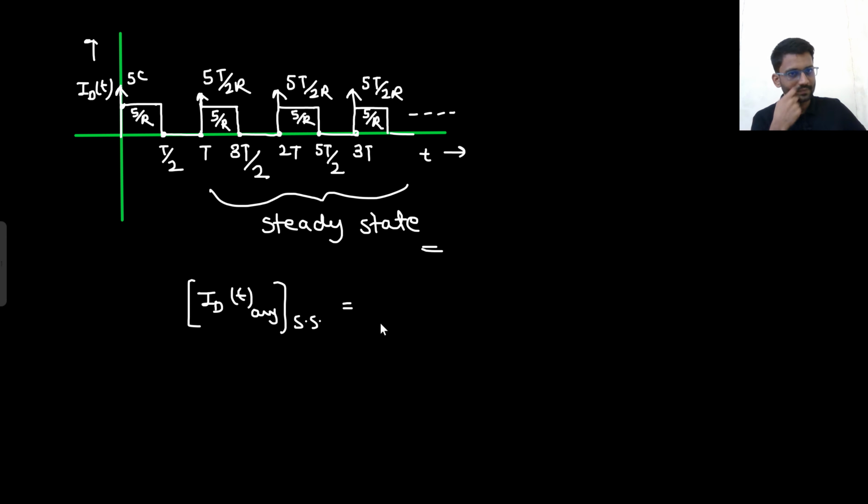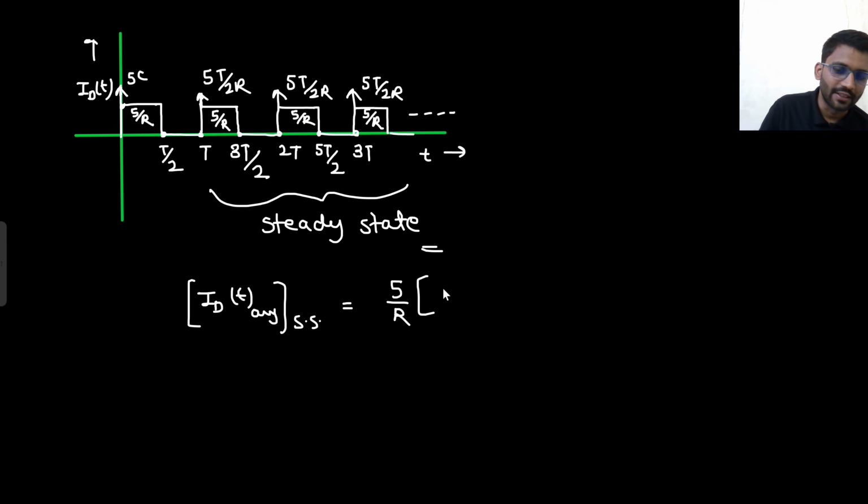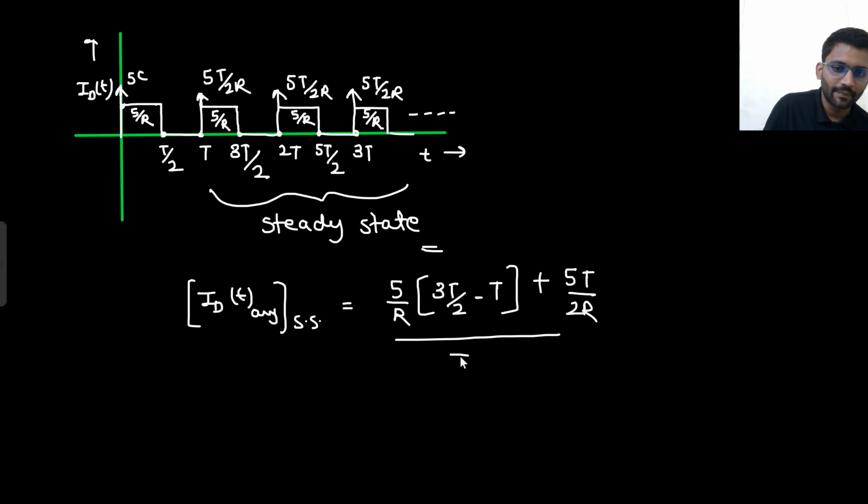What is the formula? Tell me. Formula is area in one time period divided by time period. So what is the area in this time period? This much of area is 5 by R into 3t by 2 minus t, plus this area, 5t by 2R, divided by the complete time period.